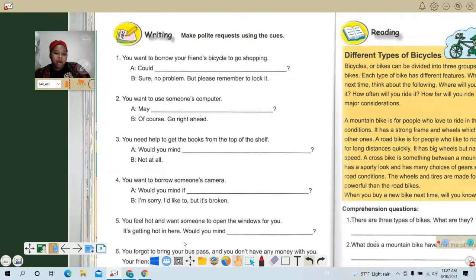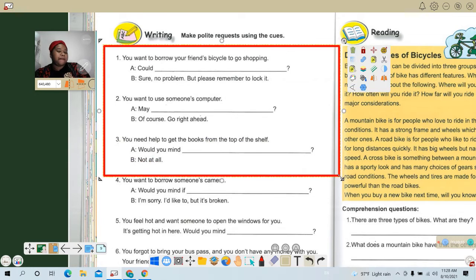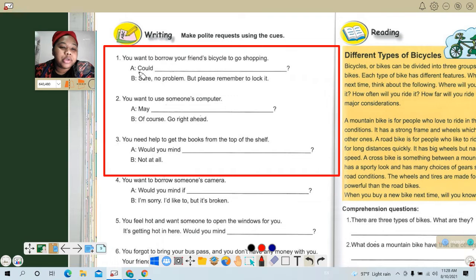Let's try to do 1, 2, and 3. Okay? So here it already tells you you need to make polite requests using the cues. That means using the first word. So for number 1, you need to use could. Number 2, you need to use may. And number 3, you need to use would you mind.